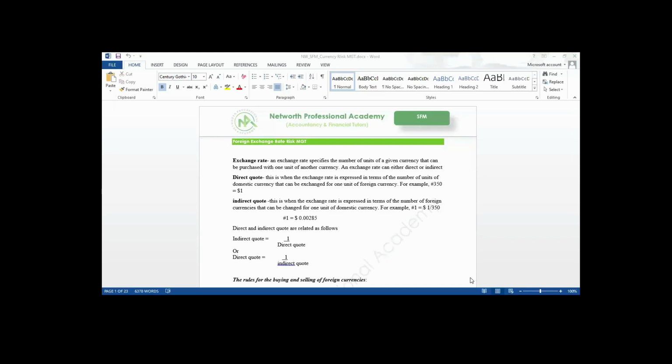A company located in the US, therefore, dollar becomes the domestic currency. A company located in US is transacting business with a company located in UK. Where the company is located, dollar becomes the domestic currency.